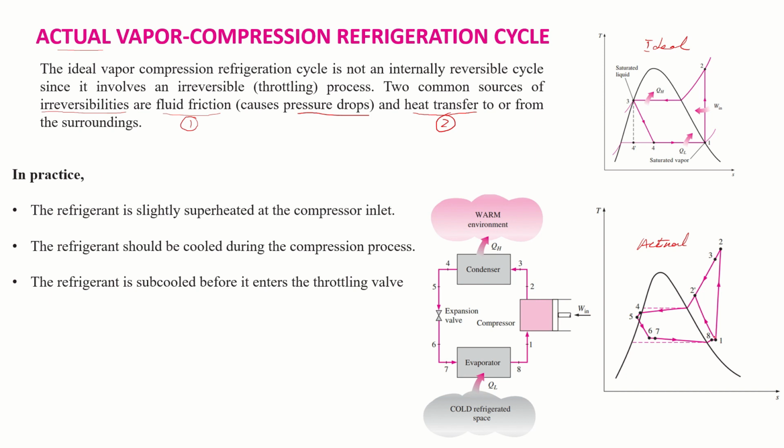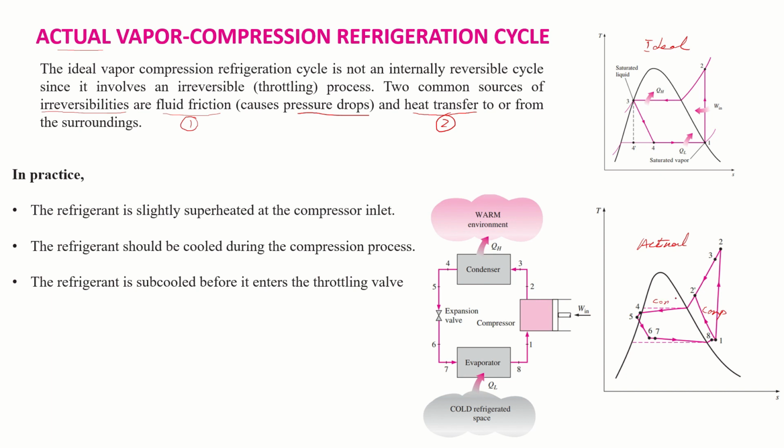But if the compressor reaches point 2 dash, less heat needs to be rejected. So in the actual compression process, we need to cool down the vapors during compression. This is our compression process.